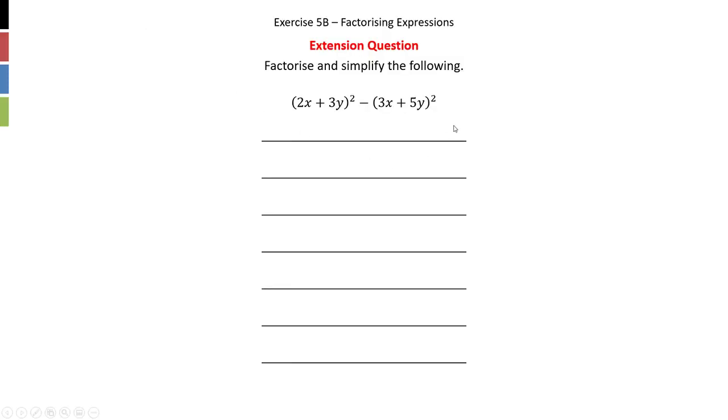Okay. Sorry. Extension question. I would suggest pausing this video now. I'll give you about 5 seconds to pause, and then I'll start doing this. Yeah, pause it if you want to have a go yourself.